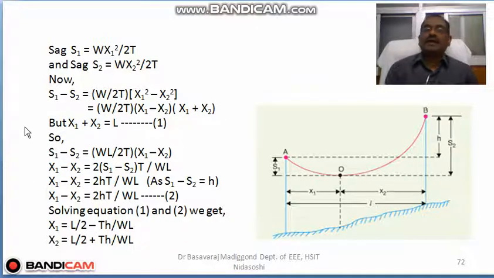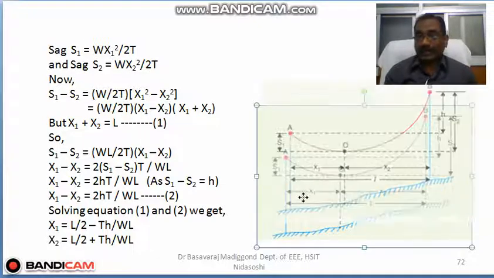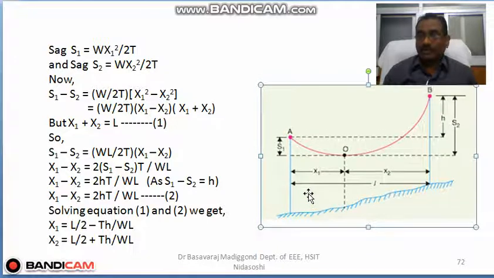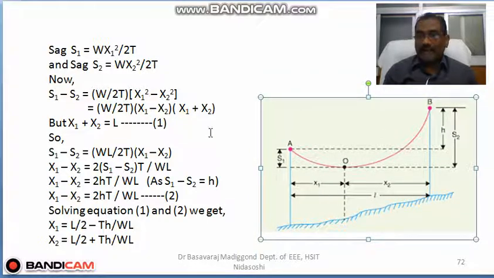Now, if you recall what we calculated for the sag when two supports are at the same level, that sag was given as S equals W x square by 2T. Taking the same reference, sag S1 is equal to W into x1 square by 2T.